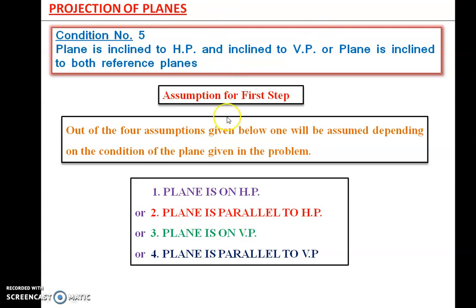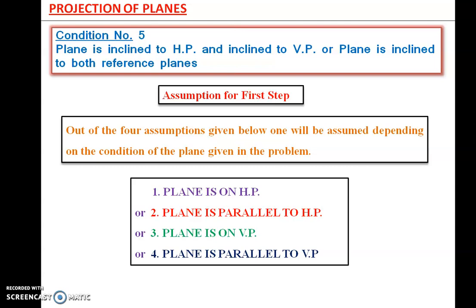Now these assumptions will be based on whatever condition of the plane is given in the problem. If you remember, in condition 3 and condition 4, we were assuming that let the rectangle is resting on HP, or let the pentagon is parallel to VP, let the hexagon is on HP. These things are nothing but the assumptions.